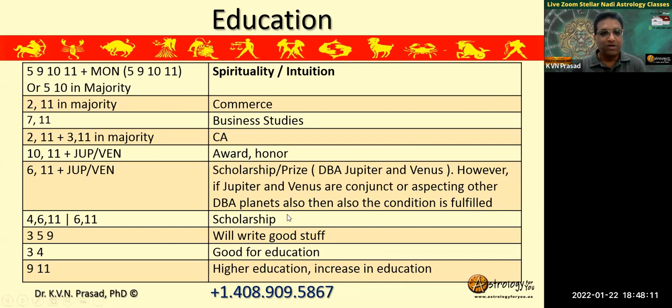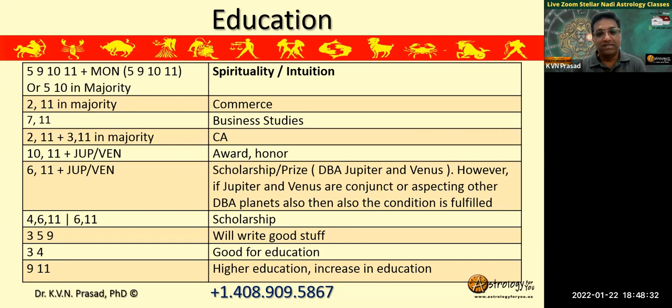So for example, only Jupiter has, Venus does not have, but Jupiter is aspecting Venus and Venus dasha period is going on. Then also you will get.